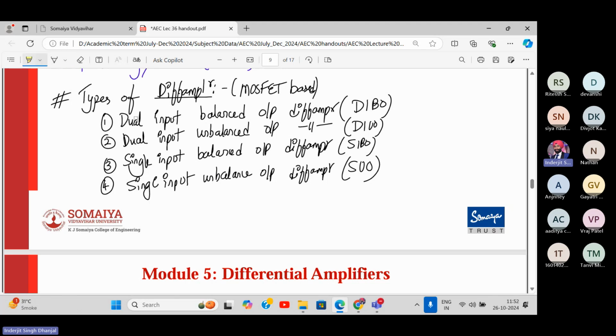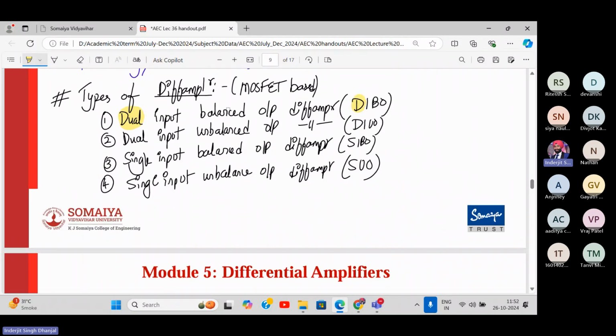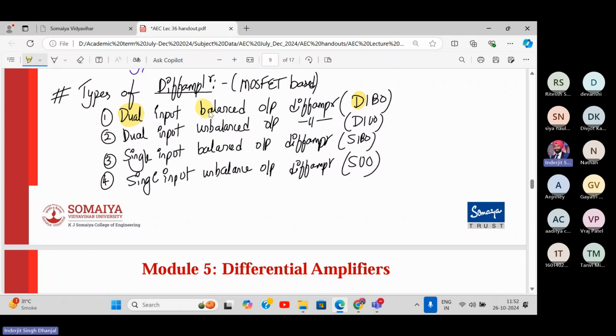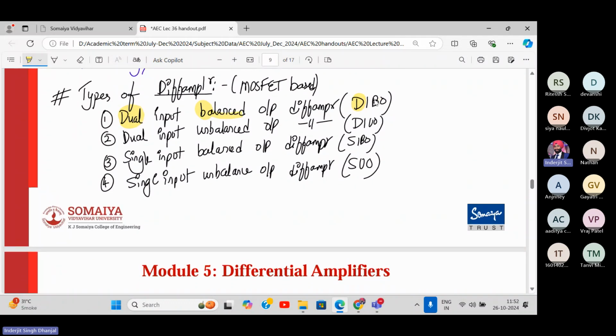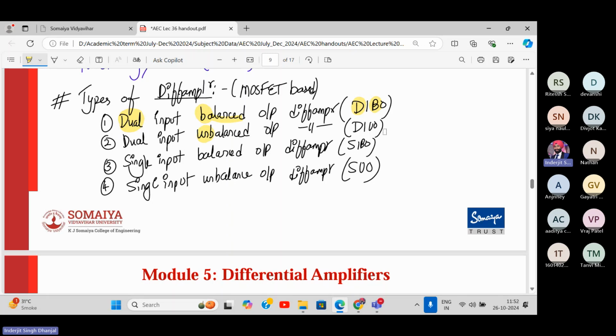Here you can see very clearly, whenever it is written dual, it is D. Whenever it is written balanced, it is B. Similarly here it is unbalanced, so they have written U. And here it is single input, so it's written S. So the four types of MOSFET differential amplifier are DIBO, DIUO, SIBO, SIUO.